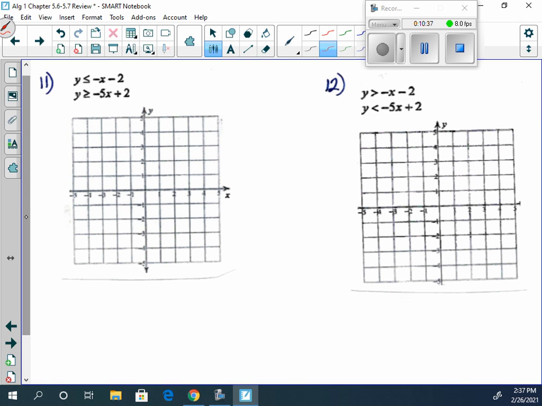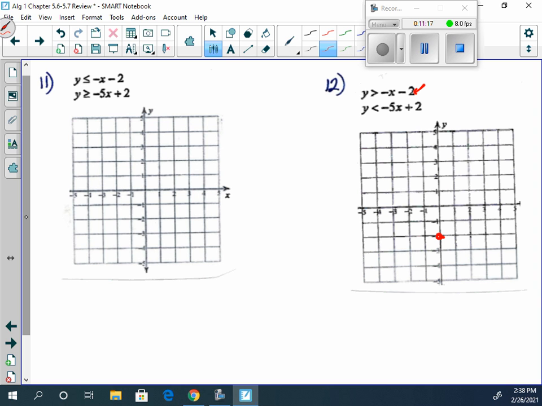All right, we have 11 and 12. So we look at these two here. Actually, let's look at 12. We'll do 11 later. I'm not going to worry about 11. Because what's the only difference between 11 and 12? Yeah, one's going to be dashed, the other's going to be solid. That's the only real difference. So if we look at 12, our y-intercept is at -2, because we have the -2.